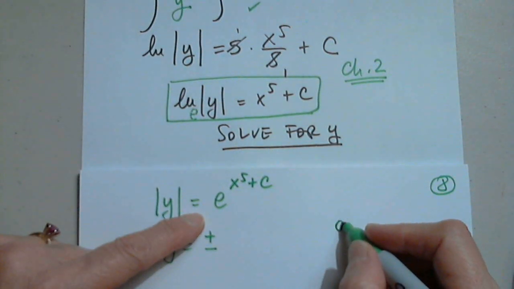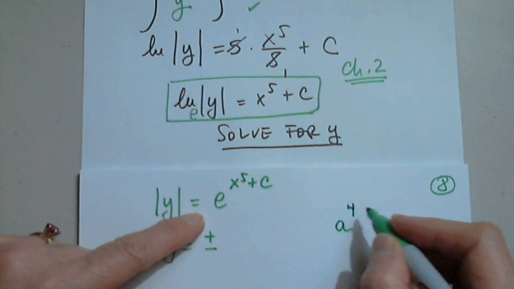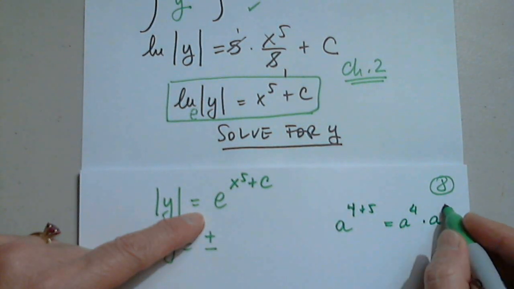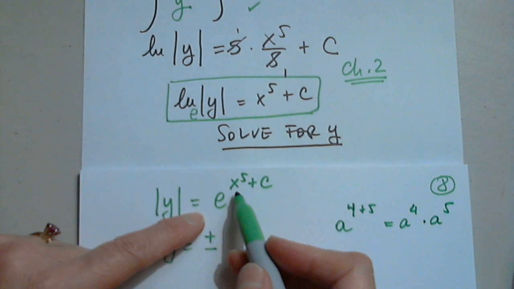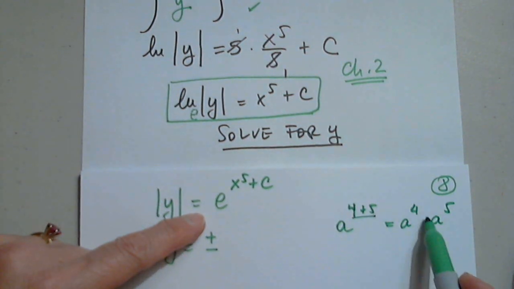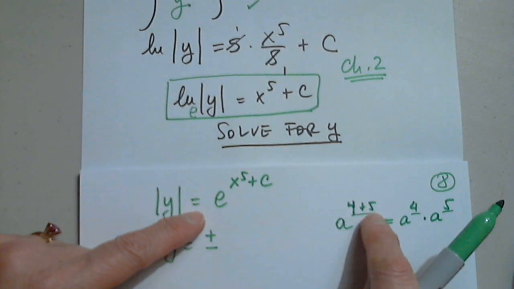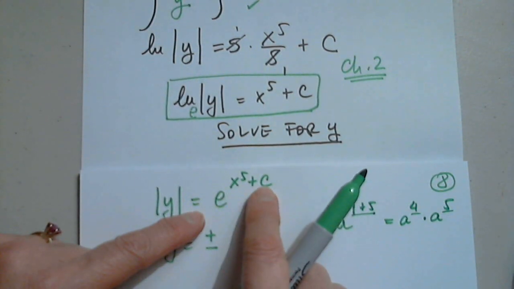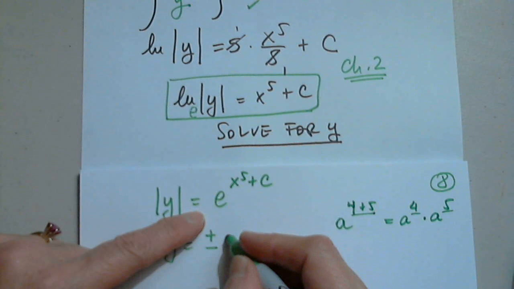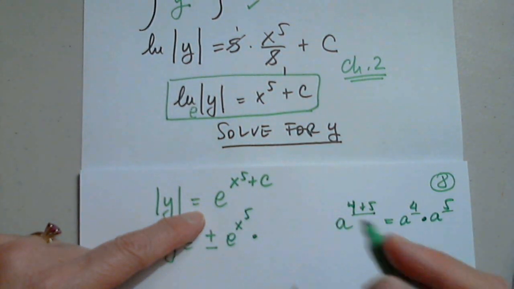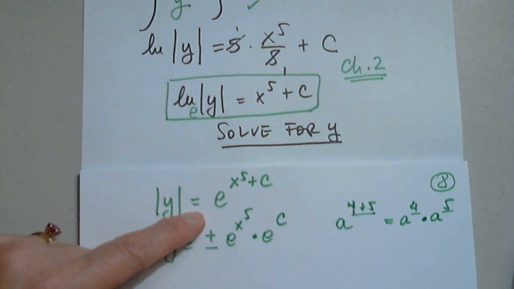If you remember, a to 4 plus 5 is the same as a to 4 times a to 5. So the same procedure, a base raised to a sum of two terms really means the base to x to the fifth times, careful, times e to c.